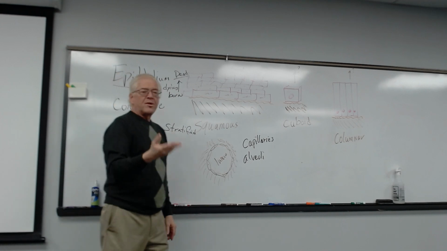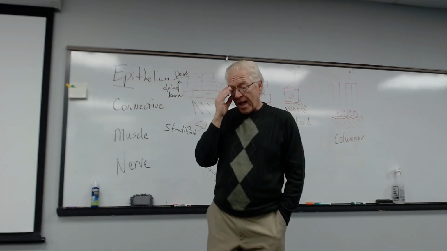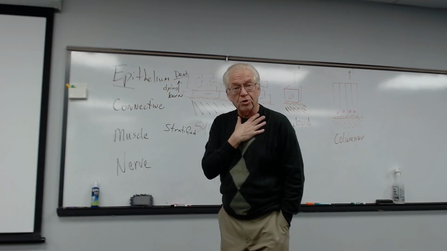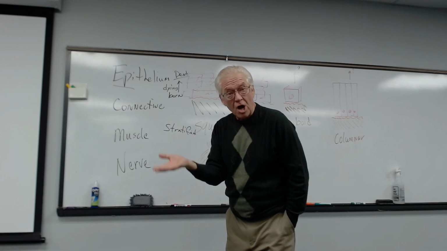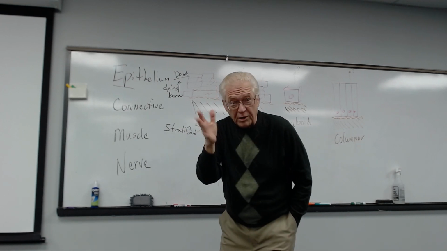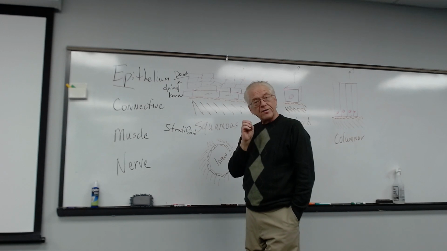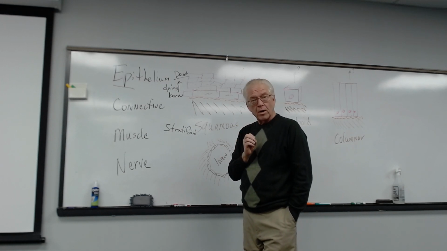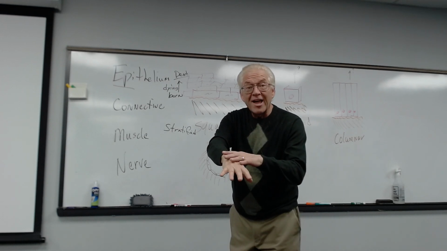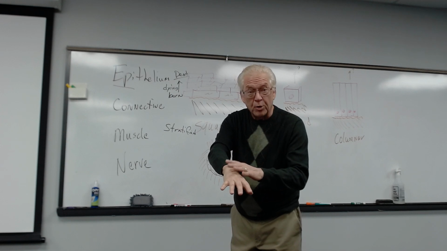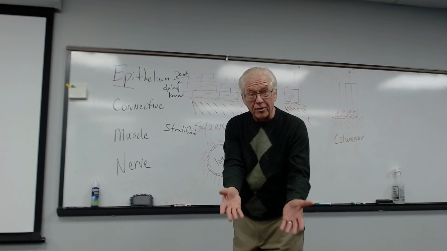Okay? I mentioned in class, when you have a bloodhound searching the woods for a missing child or for the perpetrator that got away, what is that dog sniffing for? The cells that fell off of that person's body and are laying on the ground.